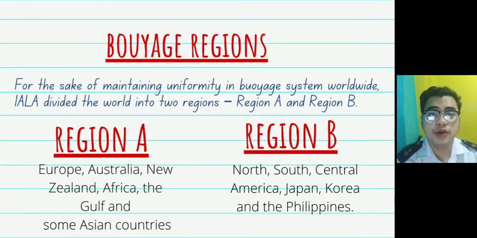Next would be the Bouyage regions. For the sake of maintaining uniformity in the Bouyage system worldwide, IALA divided the world into two regions: Region A and Region B. Region A consists of Europe, Australia, New Zealand, Africa, the Gulf, and some Asian countries, while Region B is composed of North, South, and Central America, Japan, Korea, and the Philippines.